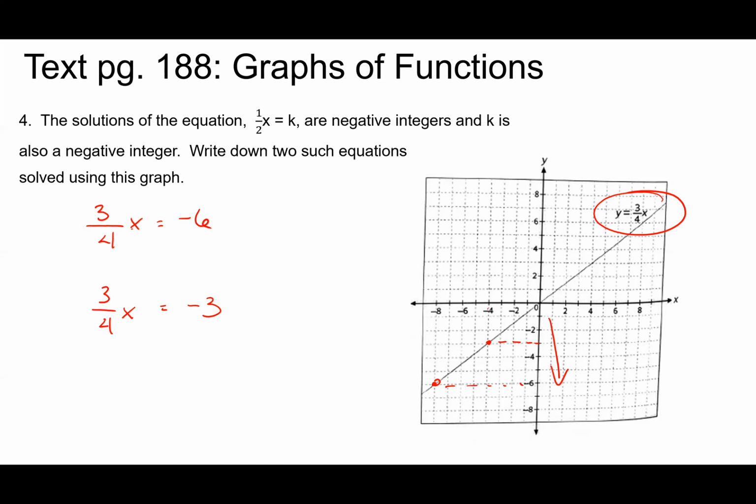Our x is -4. Does 3/4 times -4 equal -3? Yeah. Okay, so that's all we did. This problem looks really hard and scary, but it's really not, is it? All you needed to do is use the line to find yourself a y and make sure that 3/4 of the x really does equal that y, and you're good to go on that.